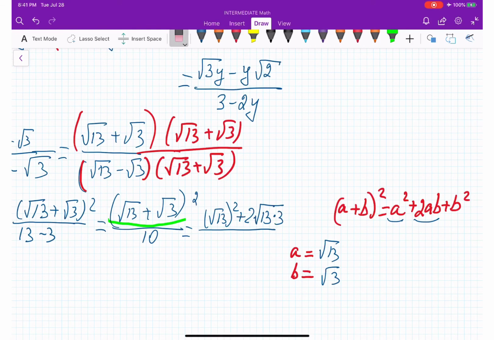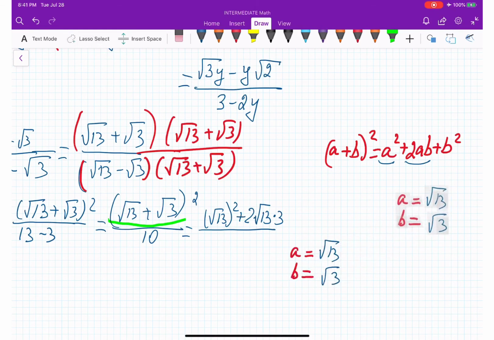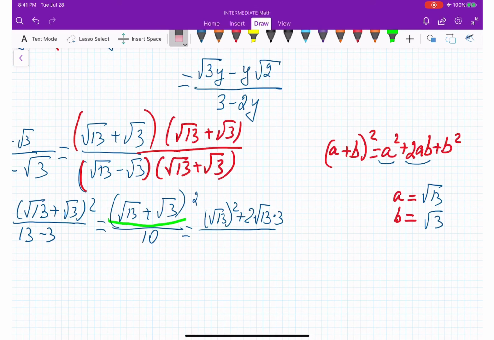Let's do it separately so nobody would wonder what it is. I'm going to make space. So it's going to be 2 square root 13 times square root of 3, right? 2ab, and plus b squared, which is going to be square root 3 squared.